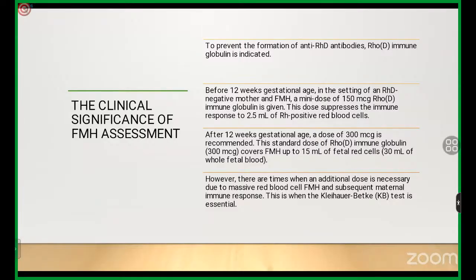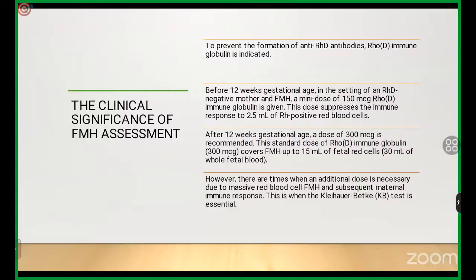After 12 weeks of gestational age, a dose of 300 micrograms is recommended. This standard dose of anti-D immunoglobulin, that's 300 micrograms, covers FMH up to 15 mLs of fetal red blood cells, and that is 30 mLs of whole fetal blood.